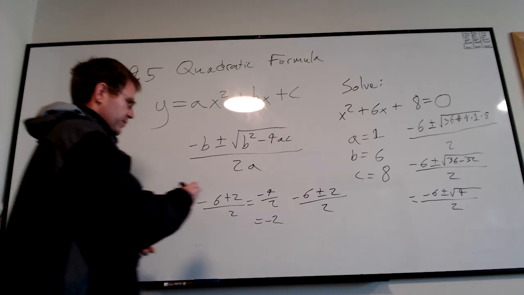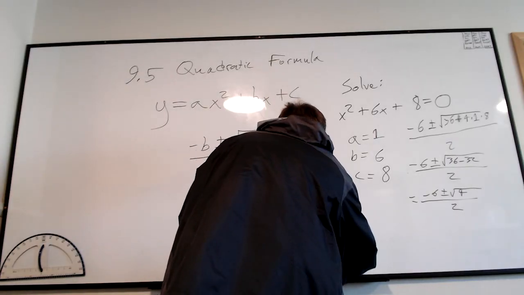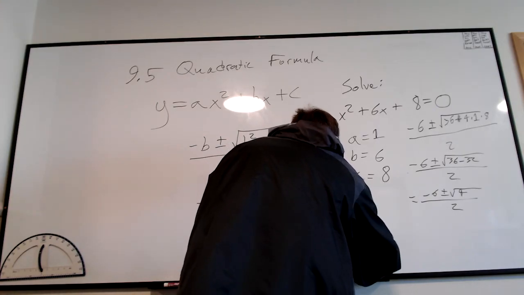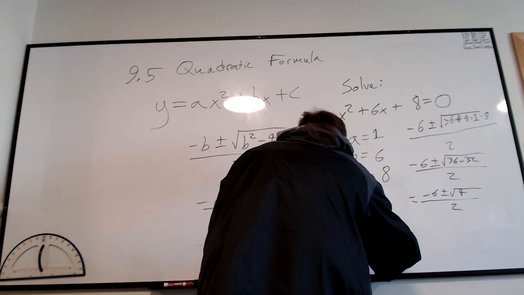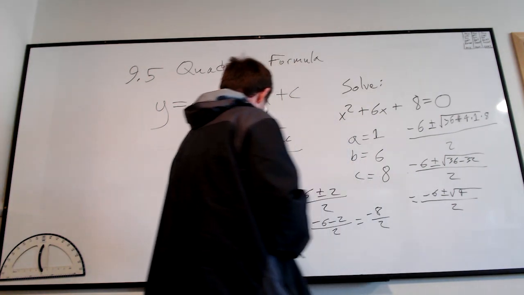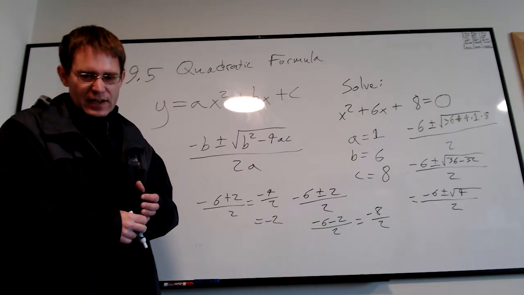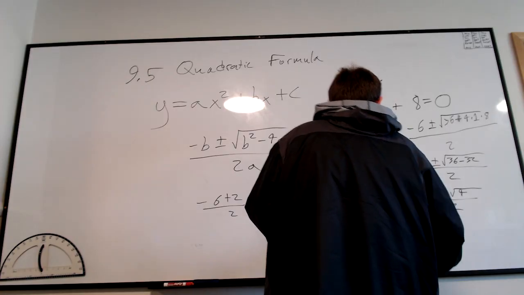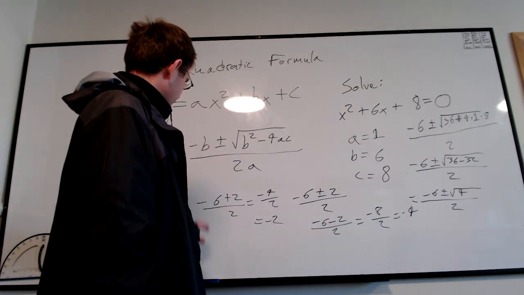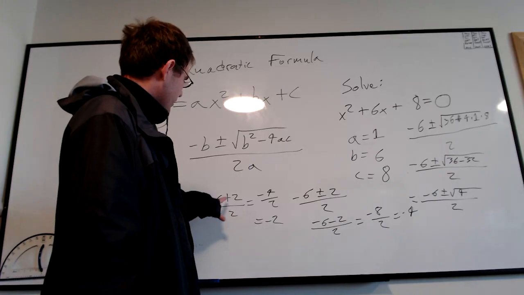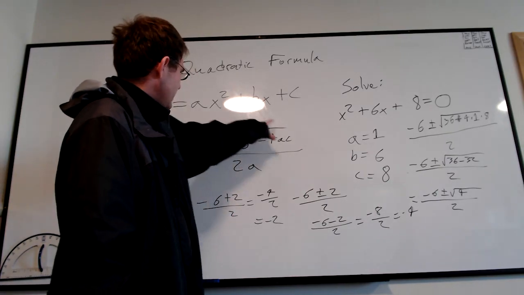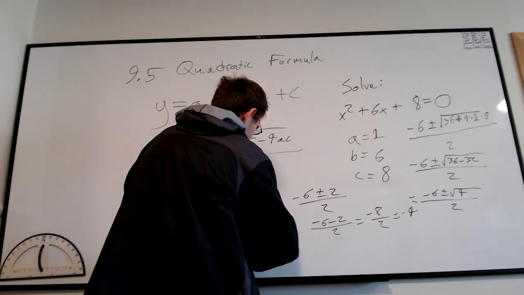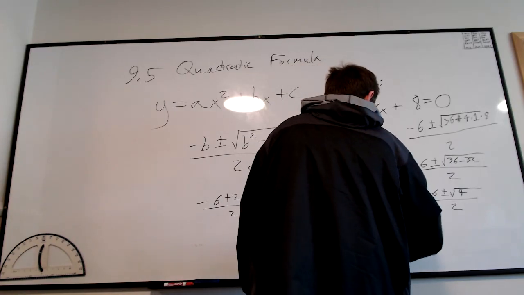Then we have negative 6 minus 2 over 2, which equals negative 8 over 2, which would be negative 4, right? Sorry, this is kind of crazy on the board here, but yeah, so we have two answers. We had to do one with the plus this value, and then one with negative that value. So that's where we got negative 2 and negative 4.